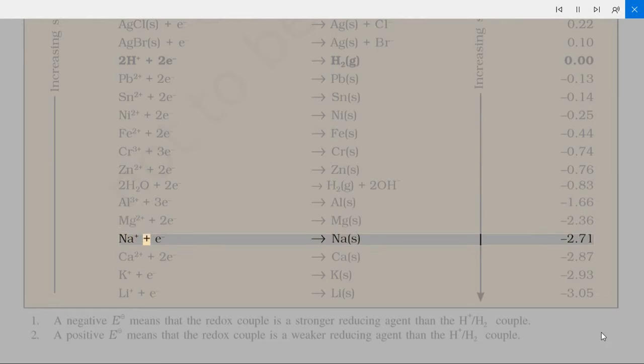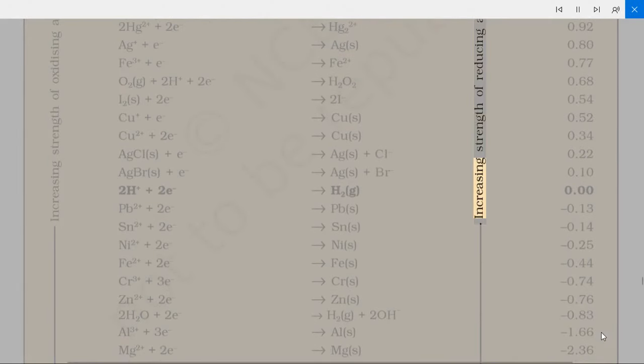Na+ + e- gives Na(s), -2.71. Ca2+ + 2e- gives Ca(s), -2.87. K+ + e- gives K(s), -2.93. Li+ + e- gives Li(s), -3.05. Increasing strength of oxidizing agent, increasing strength of reducing agent.